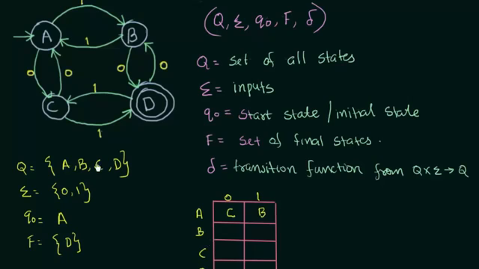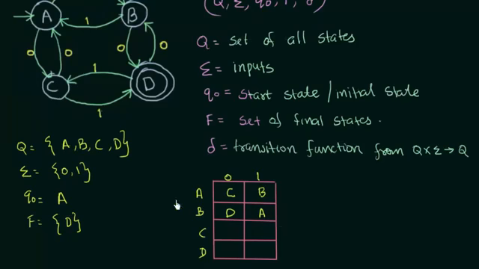Now let's come to state B. In B, when I get input 0, it goes to state D. And when I get input 1, it goes to A. Now suppose I'm in state C, and I get input 0.